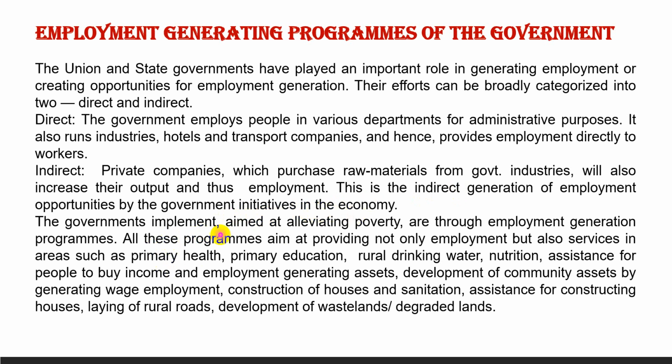The programs the government implements aimed at alleviating poverty are through employment generation programs. All these programs aim at providing not only employment but also services in areas such as primary health, primary education, rural drinking water, nutrition, assistance to people to buy income and employment generating assets, development of community assets by generating wage employment, construction of houses and sanitation, assistance for constructing houses, laying of rural roads, development of wastelands and degraded lands.